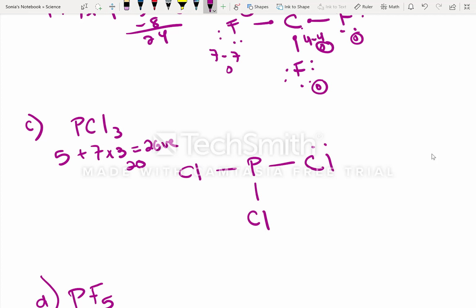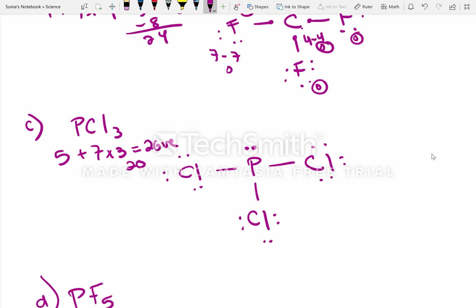So 1, 2, 3, up to 18. Now that we've put the electrons on all of the outer atoms, where would we put the leftover 2? We would put them on the central atom. So 1, 2.